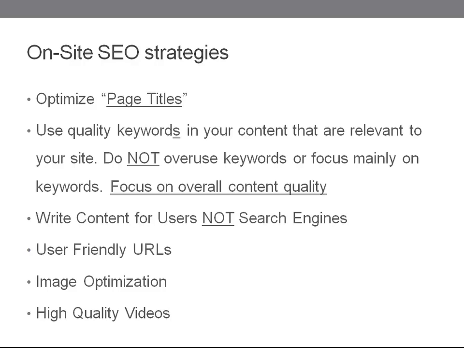That'll give you the opposite effect. That'll actually affect your rankings and bring your site lower. So you don't want to do that, and you don't want to focus mainly on keywords. You want to focus on the overall content of the page or the post or whatever it is. You want to look at it as a whole.